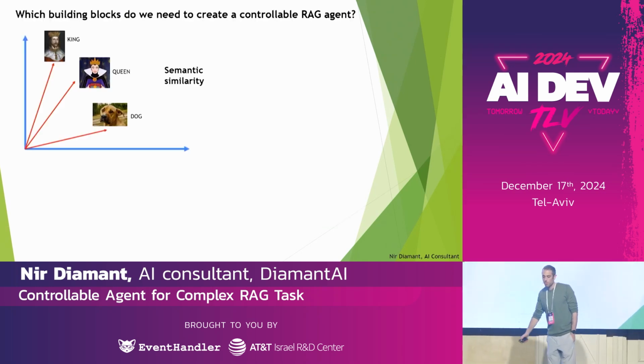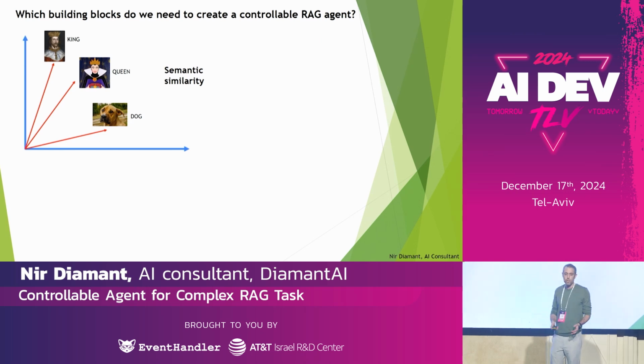Just before I describe which building blocks we need to create a controllable RAG agent, I'm going to talk about semantic similarity. The embedding space that stores those vectors is trained to put words that are semantically similar close together, and those that are different further apart.